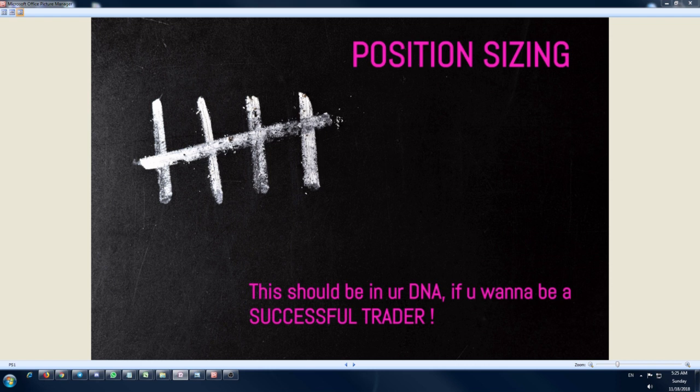Now, that is one part of position sizing. Another important aspect is that you should not be changing your risk appetite. If you have decided that your risk appetite is 2,500 rupees per trade, then you need to keep it constant for the other trades as well.